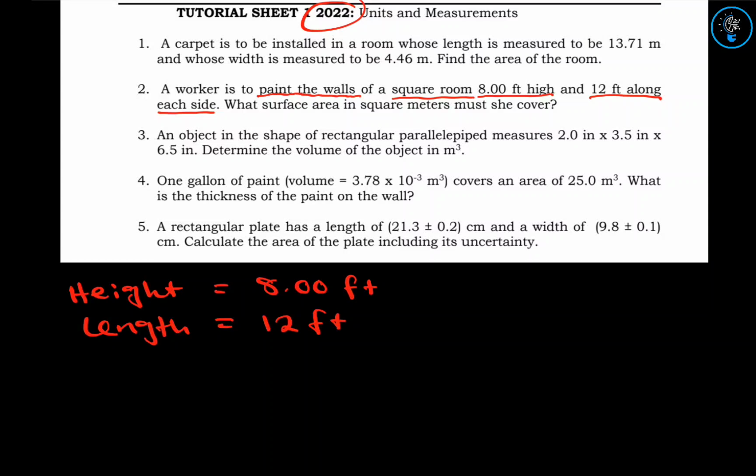Okay, this one is a little bit harder compared to question 1. The reason why I'm saying so, you need to consider this. Let's do it as well. So we are saying we have a square room.